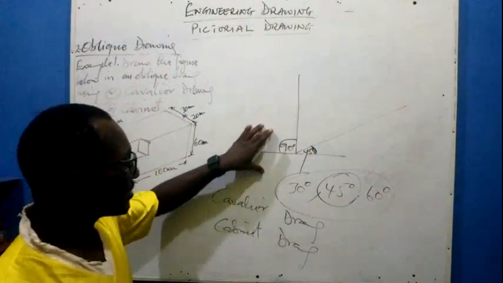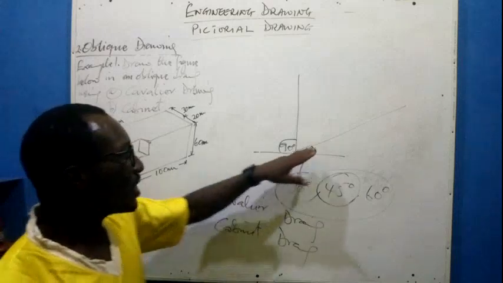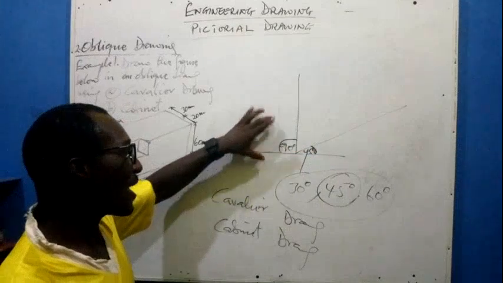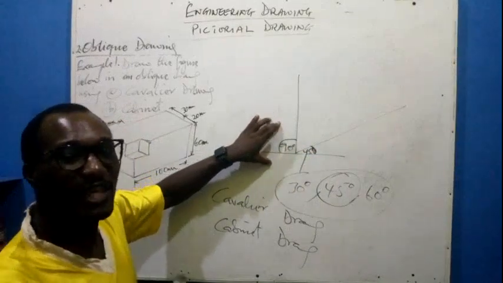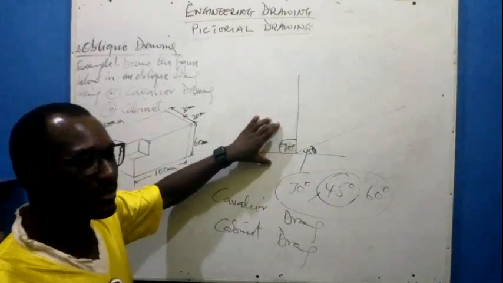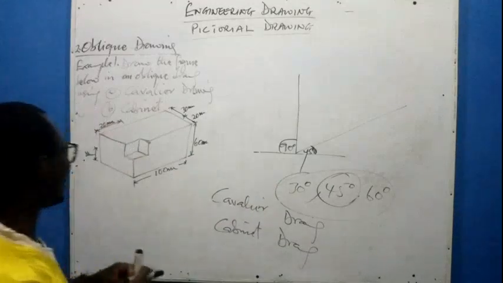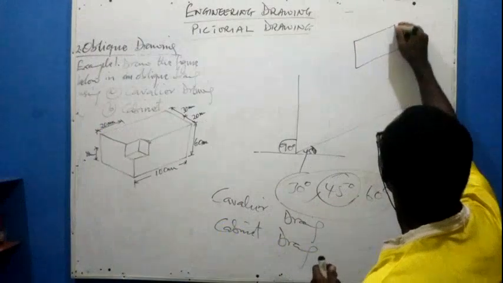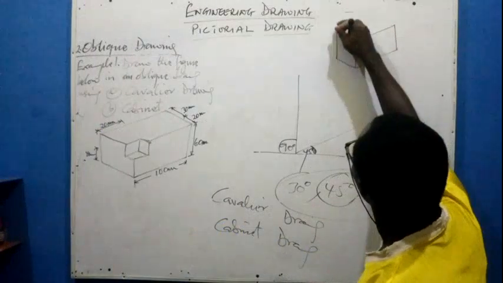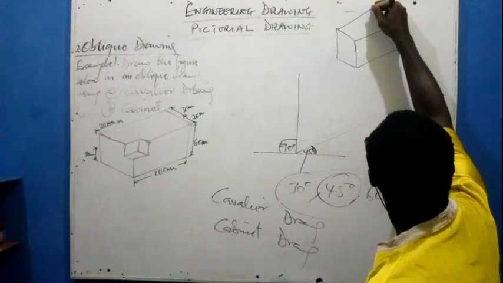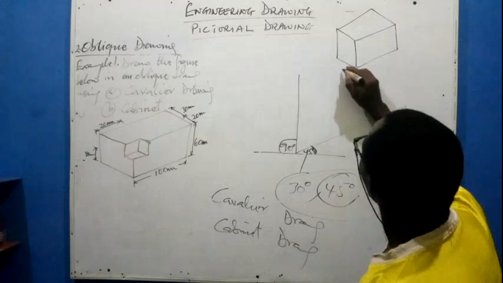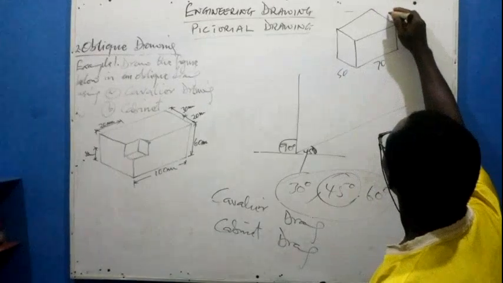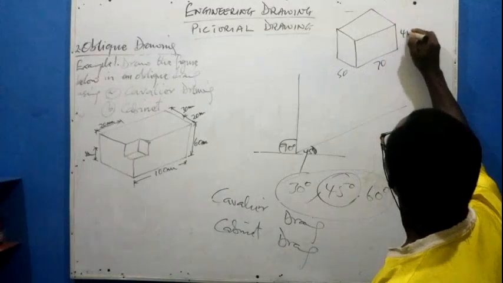Now, when you look at the Cavalier, on the side where the 90 degrees is, you don't divide it. Let's take this figure. Here is 50, 70, and maybe the height is 40.